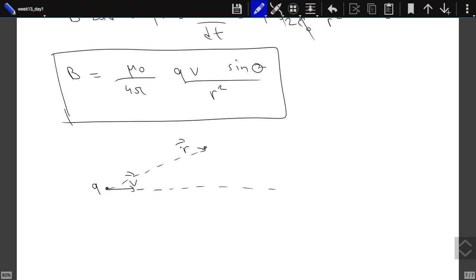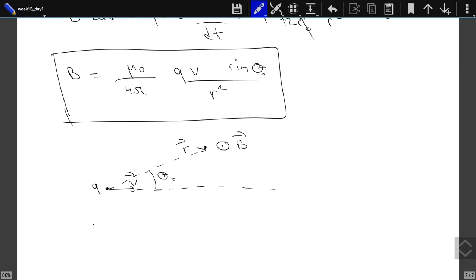We first said that the B is also positive. We had defined the positive direction of B at that point to be out of the screen. We also found the component to be positive, so B is in this direction. That we also know. This angle over here is theta 0. That's how we had defined theta 0.